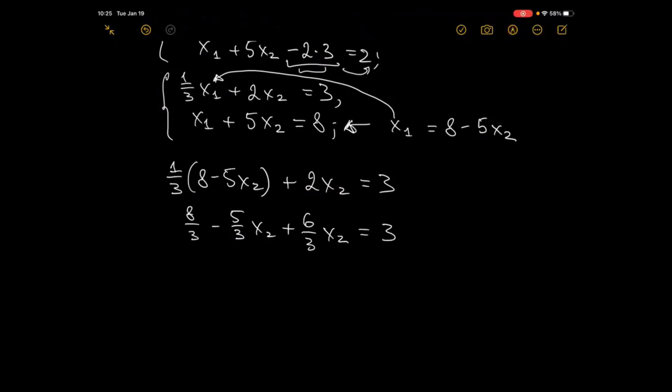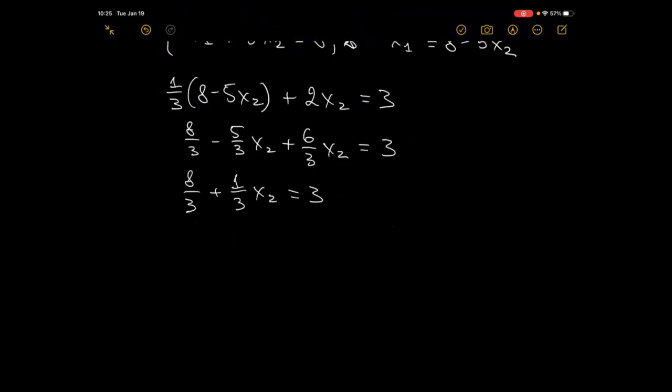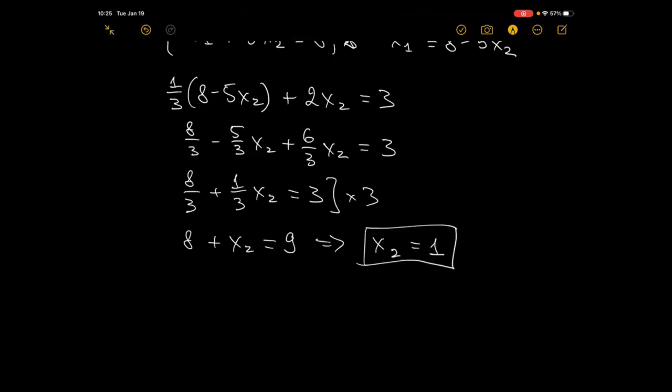So as a result, I'm getting 8/3 plus 1/3 x2 equals 3, right? Or if you like, I can multiply left-hand side and right-hand side by 3. 8 plus x2 equals 9. So from here, x2 equals 1, right?